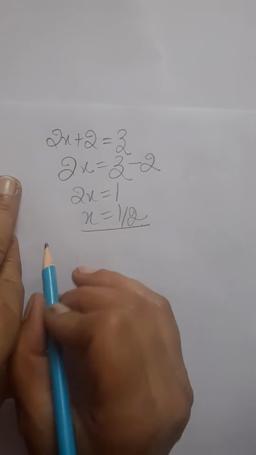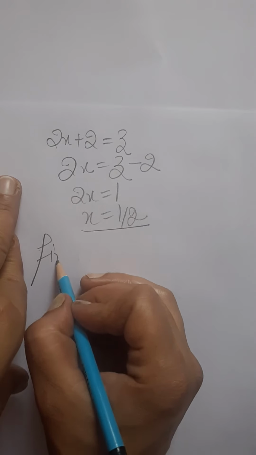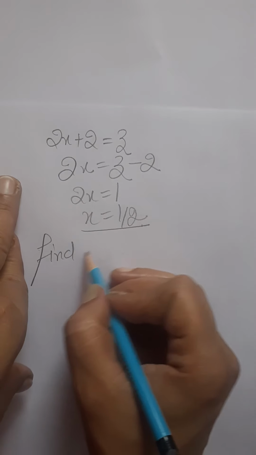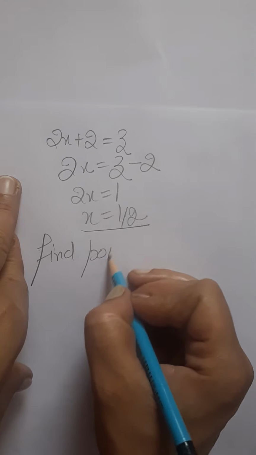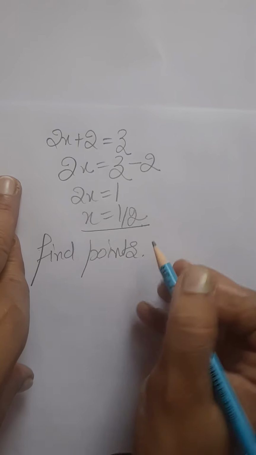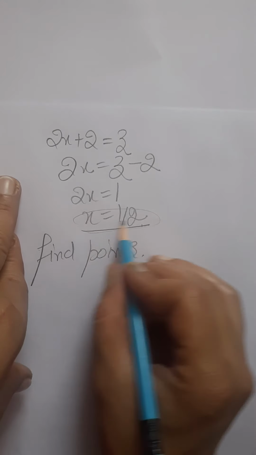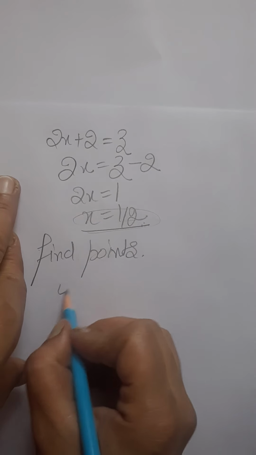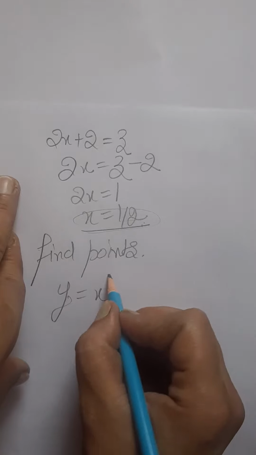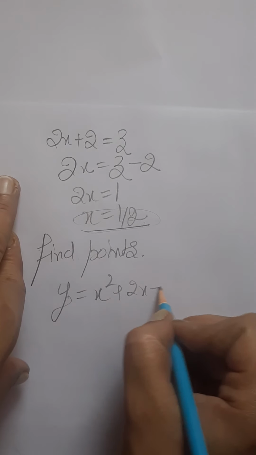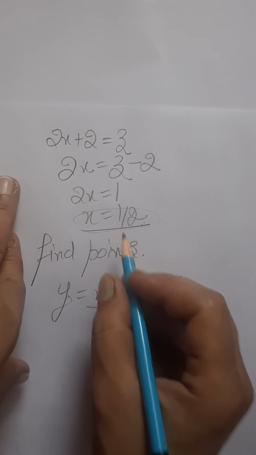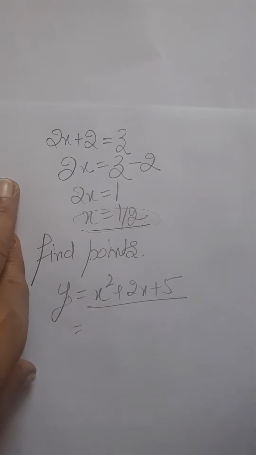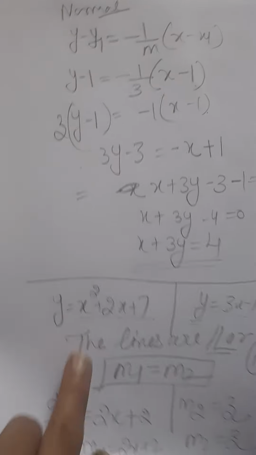And if he says find the coordinates, find the points, then for this you put this value of x in your equation for y. You put it in the place of y in your curve. Then you get your answer. What is the equation? We have the equation y is equal to x square plus 2x plus 7.